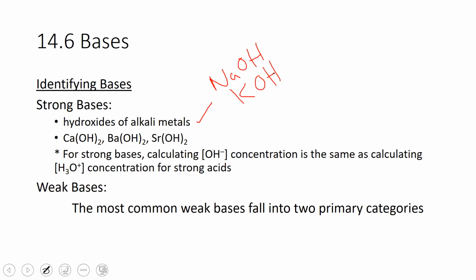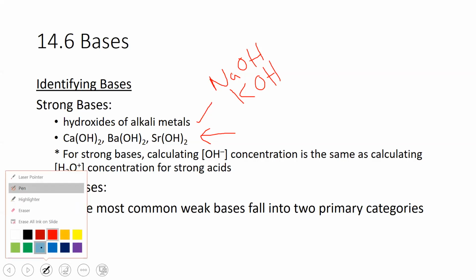The alkali metal hydroxides are going to be strong bases. The other ones that are strong bases are the three alkaline earth metals seen here: calcium hydroxide, barium hydroxide, and strontium hydroxide. And those are all going to dissociate in water and give you a lot of hydroxide per amount of solute, okay?